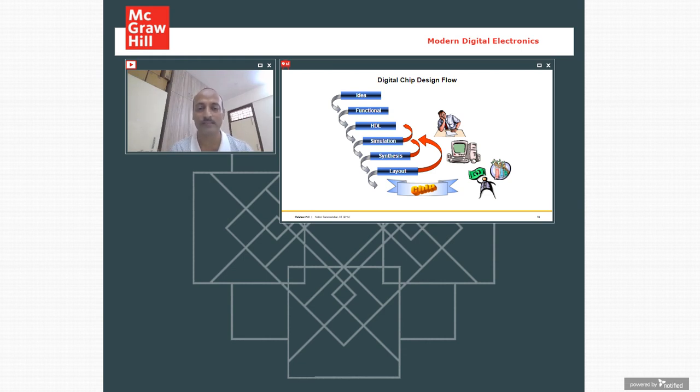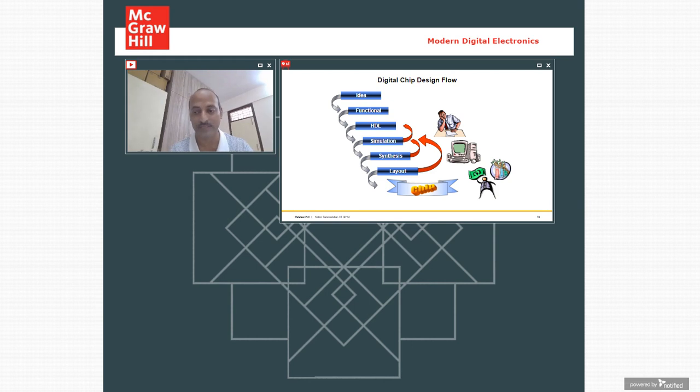Once the synthesis is done, we have two different possibilities. It can be an ASIC implementation or an FPGA implementation. If it is an ASIC implementation, we will move forward and do transistor level design, and we need to connect the transistors from one end to another.